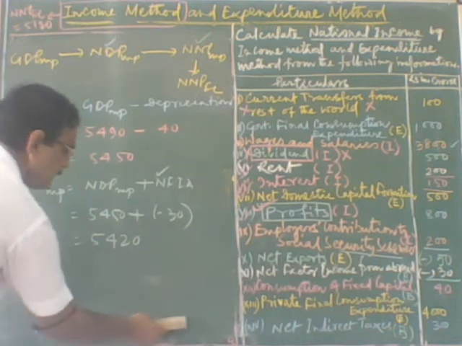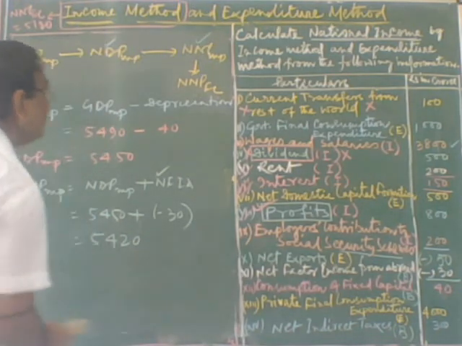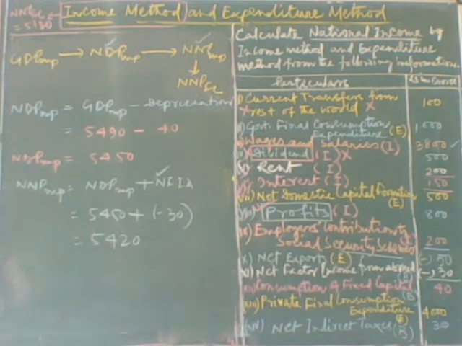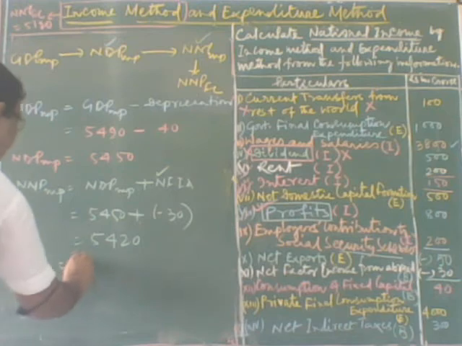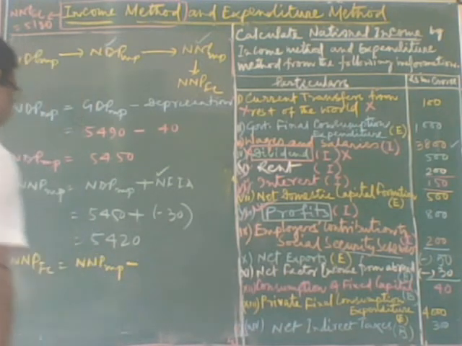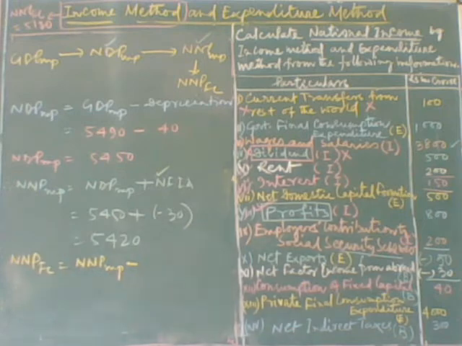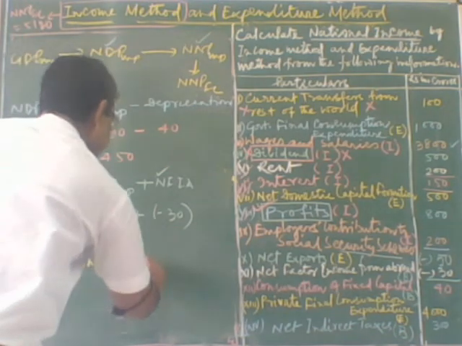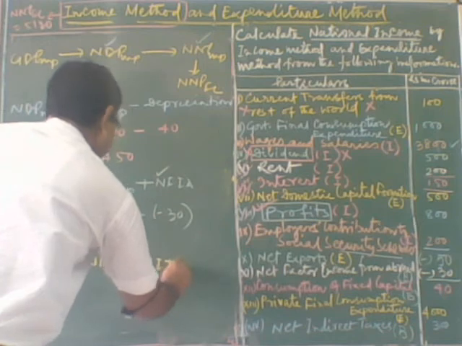Next, you have to calculate the value of NNP factor cost. NNP factor cost is equal to NNP market price minus net indirect tax, which is the bridging component between market price and factor cost. So factor cost is equal to market price minus NIT.